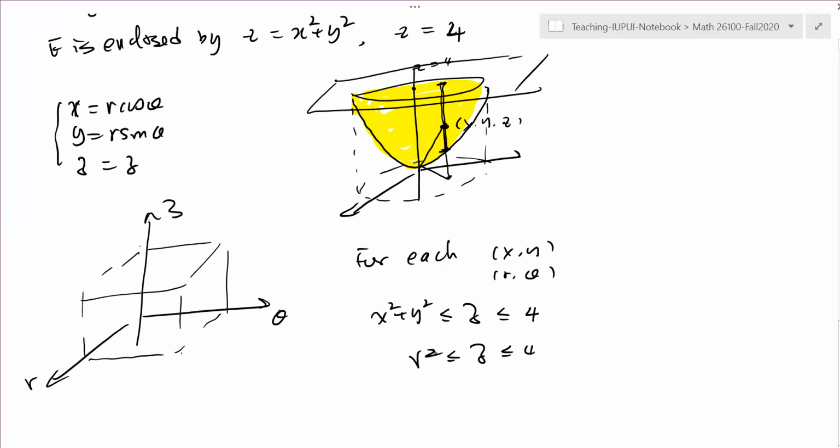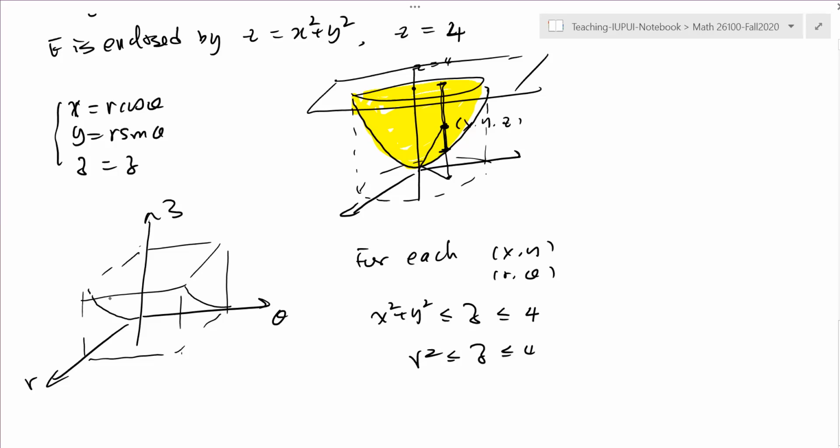So that means we consider those points. Over here I have a portion of the rectangular box.